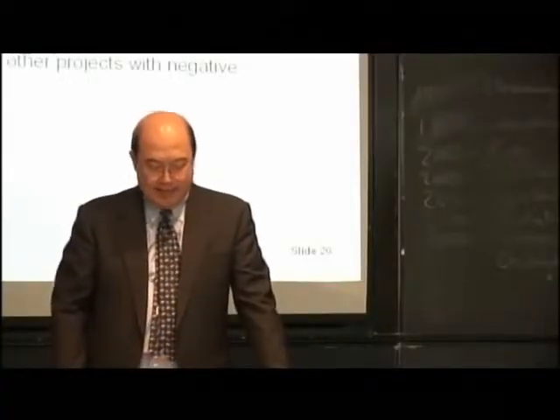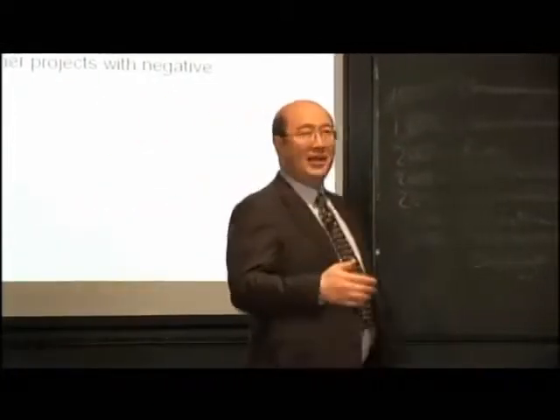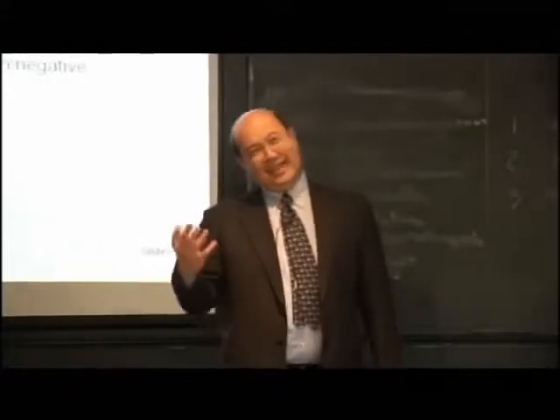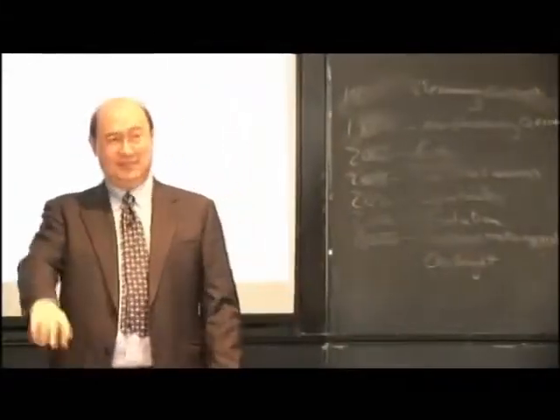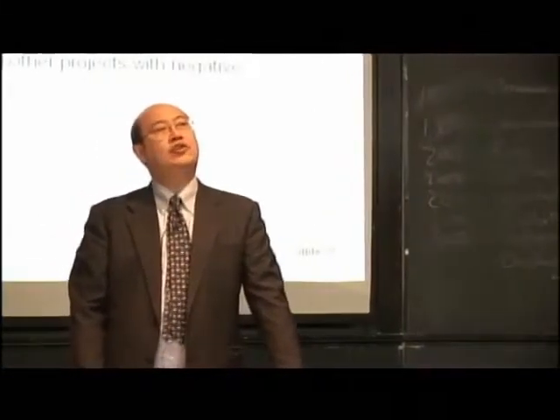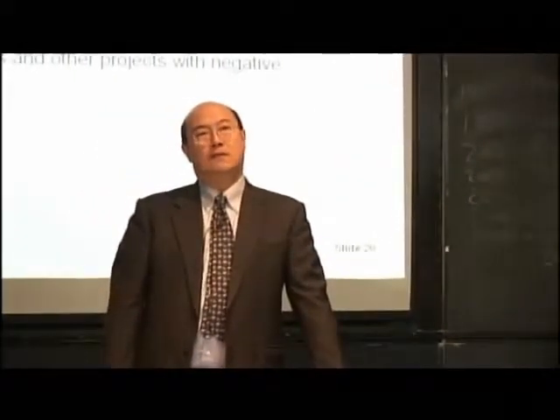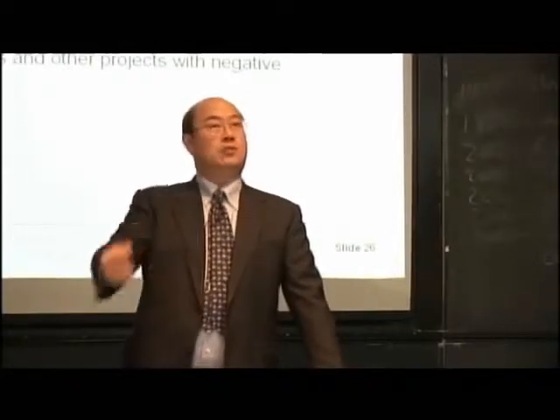One is that in certain cases, the IRR may not exist. And in other cases, you may have multiple IRRs. I'm going to show you in a minute. Second, you're going to get incorrect rankings for IRRs where you're looking at loans.